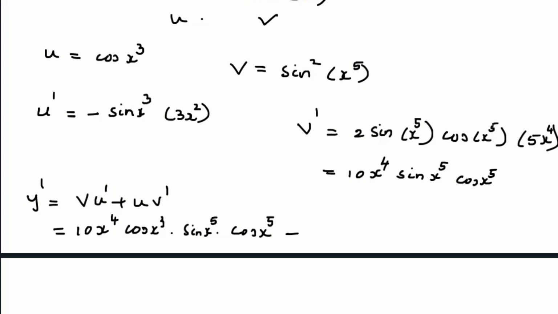So minus sin square x power 5 into sin x cube, into that 3x square can be written in the front. Please do write it in the front because then only it will look decent. So if I erase this and write, it is minus 3x square sin square x power 5 into sin x cube, and this is the final answer.